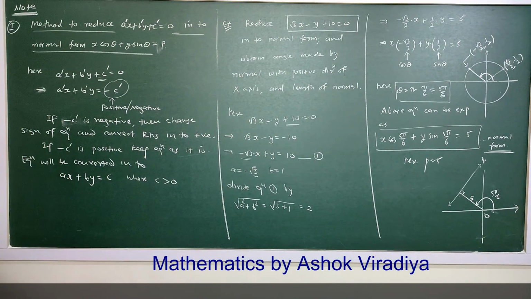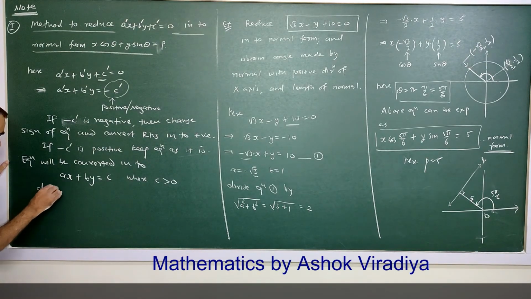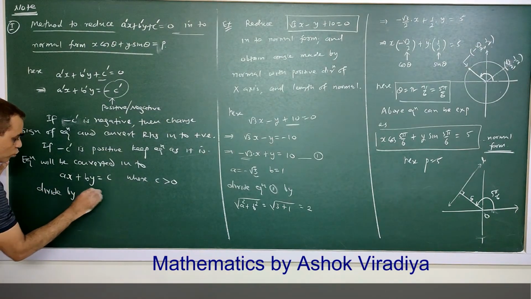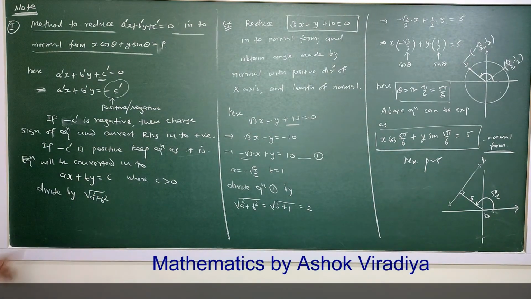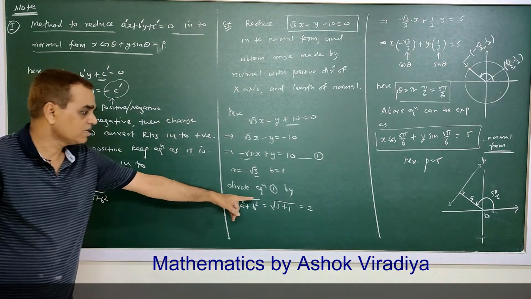Then the next step is to divide this equation by root a square plus b square.